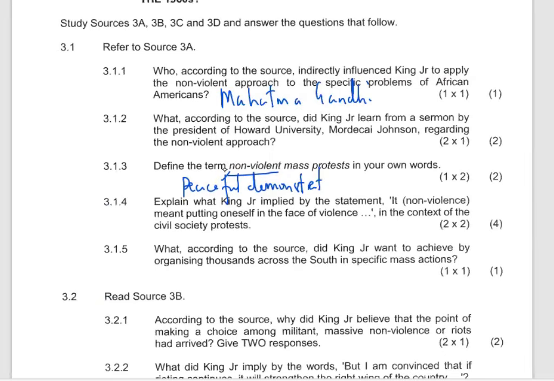And the term mass implies that it is being done by large numbers. So combining the two to make a statement, we are saying this is a peaceful protest or a peaceful demonstration by a large group of people. If you are to define the term mass protest, the term mass must also be addressed. So it's a peaceful demonstration by a large group of people if you are defining it in a simple context.